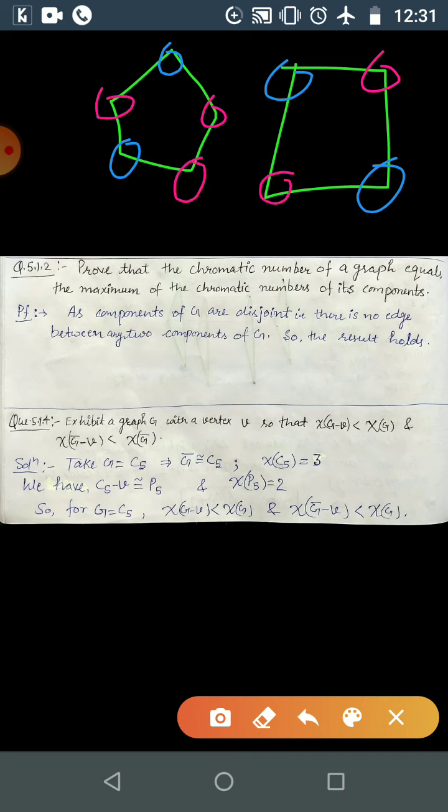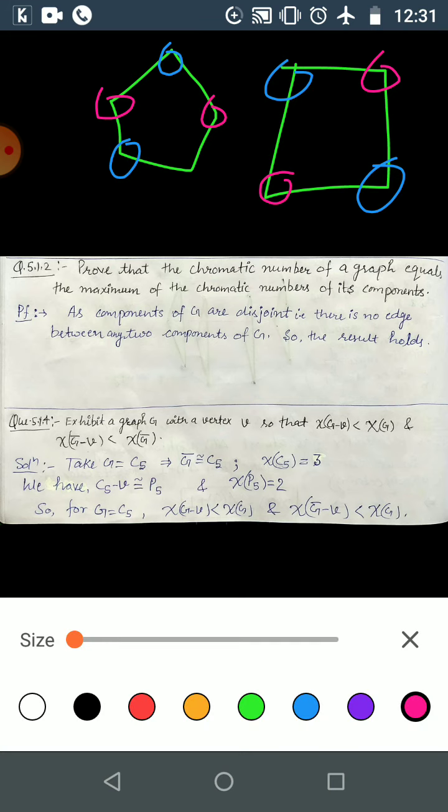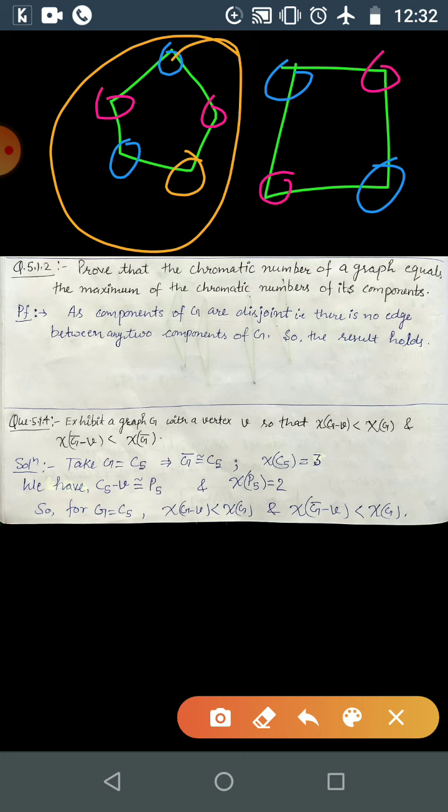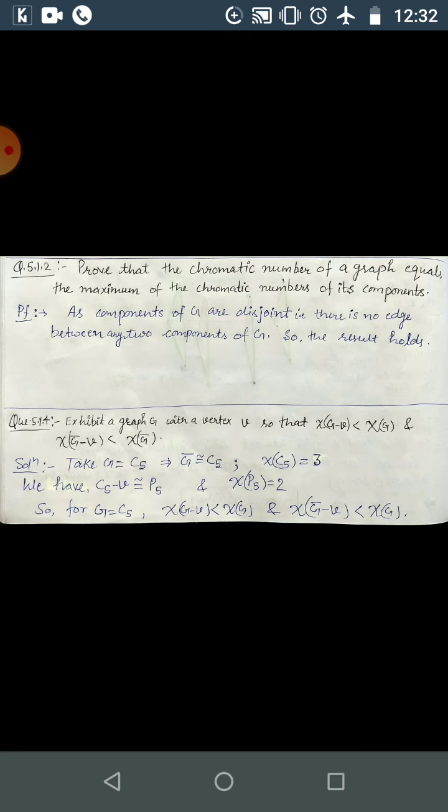For this one we can't use the same color, so we have to use a different one. So here I have used the coloring, correct. So this depends on the maximum chromatic number. The chromatic number for this one is 3 and for this one is 2, so the maximum is 3.